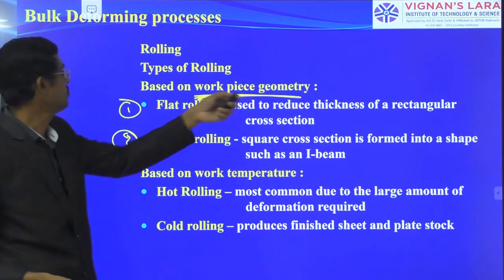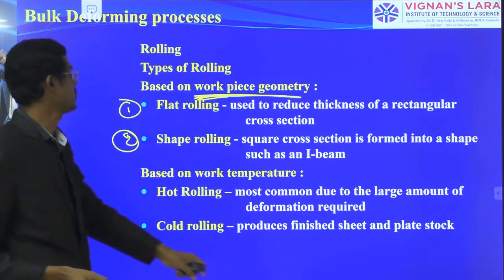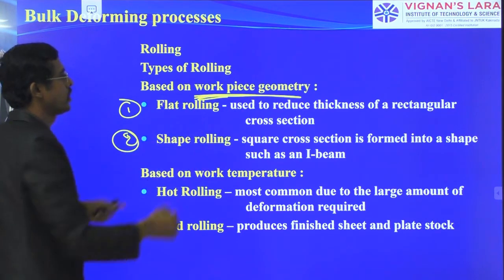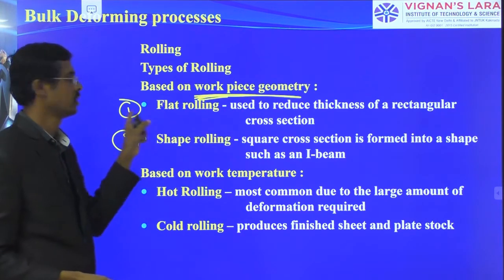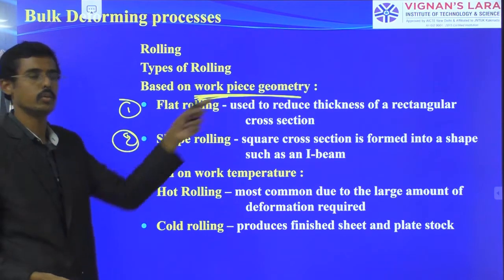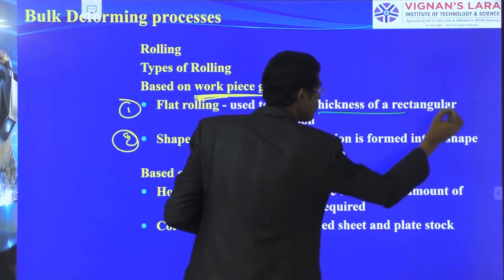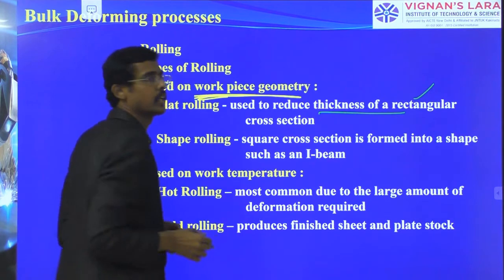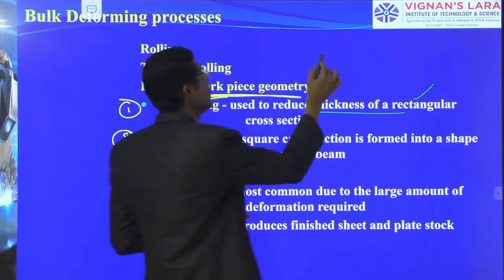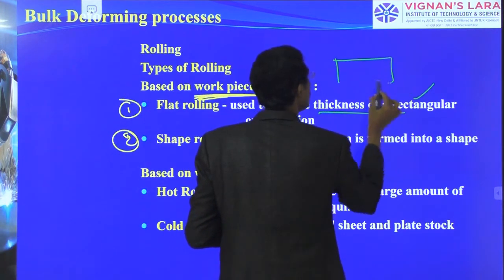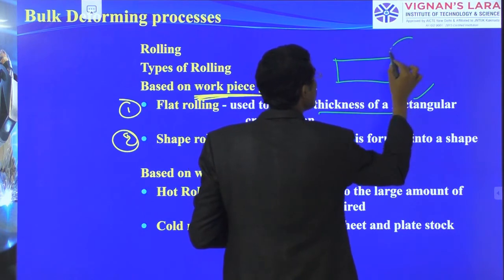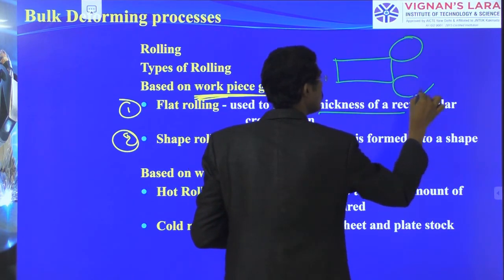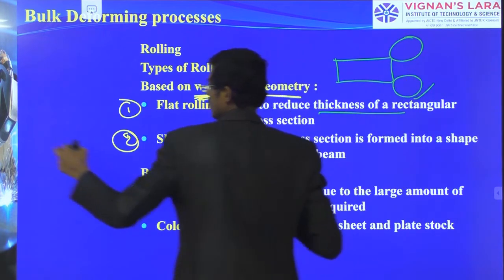Now I am dividing based upon the workpiece geometries: flat rolling and shape rolling. Flat rolling is used to reduce the thickness of a rectangular cross section material. We have taken this rectangular specimen, and the roller is here, and it is coming inside.